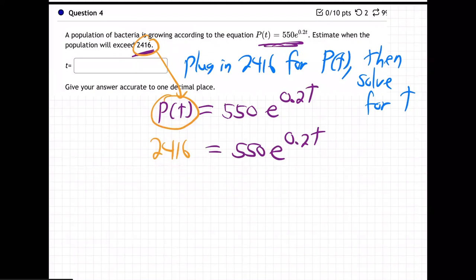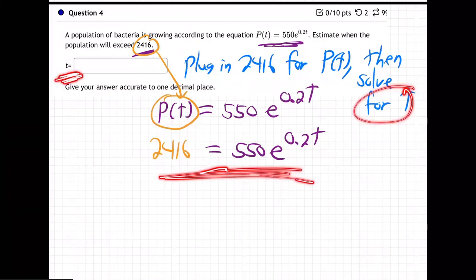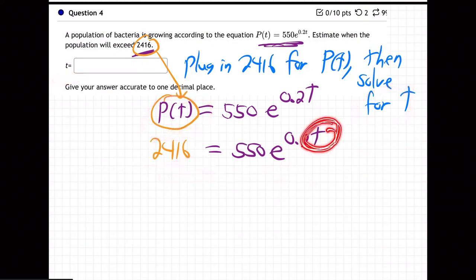So I plugged in 2416 or whatever your number is on the left side, and then we're going to solve this equation for T. That's what they asked right here. Here it says T equals what? Like what time? When will the population become 2416? What T could you plug in here to make this come out 2416? That's what they're asking.